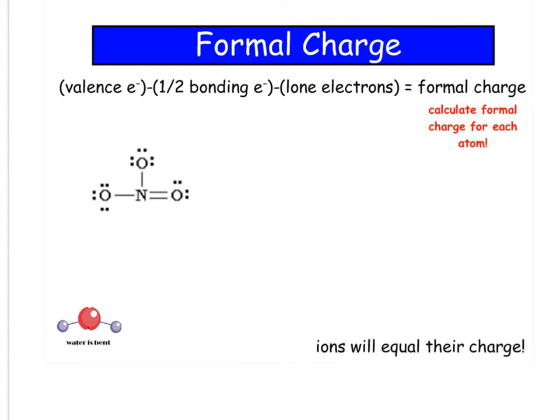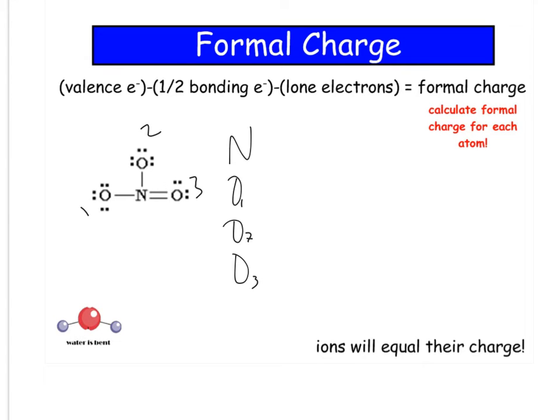All right, formal charge. So a way to help determine if a structure is correct is calculating its formal charge. So if we're going to calculate the formal charge of nitrate, well, it's NO3, there's no ion. So I'm just going to, let's see, we've got nitrogen, and we have 1, 2, 3 oxygen. And I'm going to label these, we'll say this is oxygen 1, number 2, and number 3.